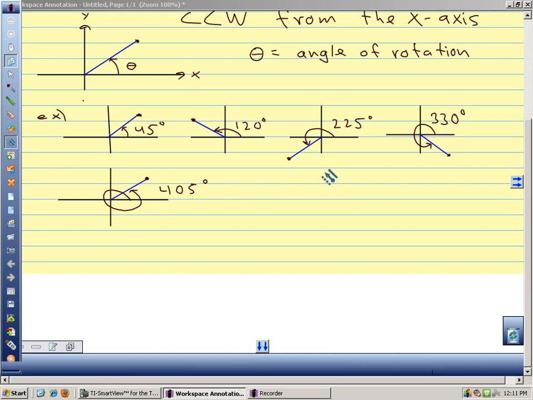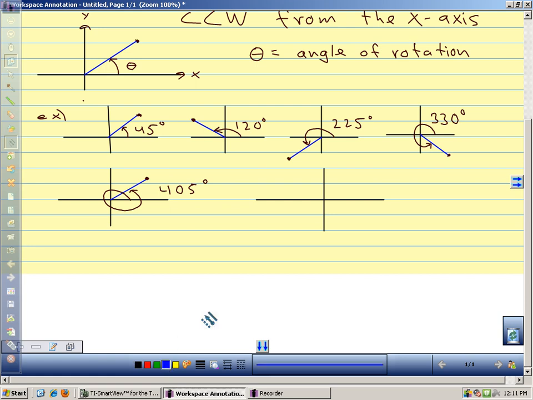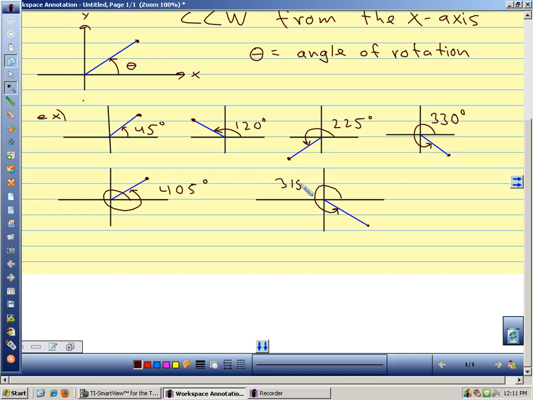We can also have a negative angle of rotation. So let's show how we can have a negative angle of rotation. If we've rotated around to here, we could write this as a positive angle of rotation here. And let's say that's 315 degrees. We could also call this a negative angle of rotation, going clockwise from the x-axis.